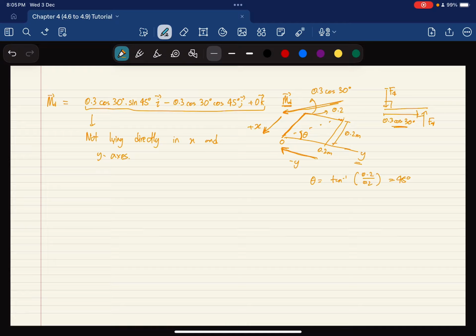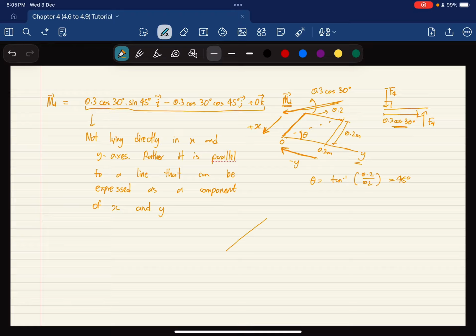Rather, it's parallel to a line that can be expressed as a component of x and y. To make it more clear, let me just visualize it again.